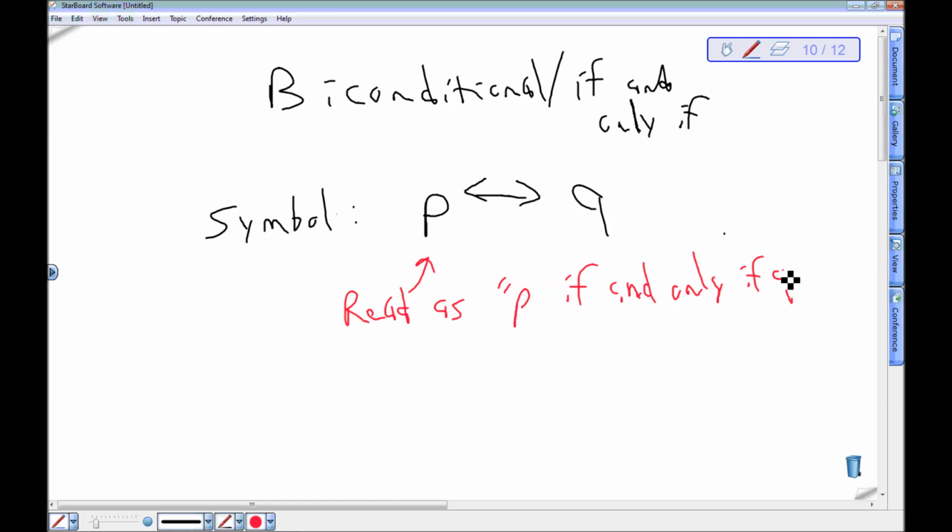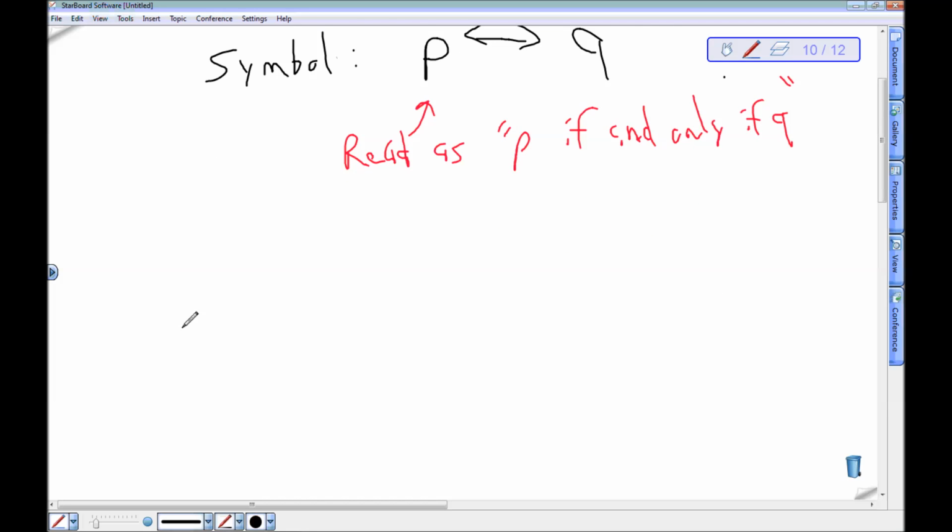Oops, if and only if Q. Okay. Words that mean the biconditional, we'll use, like I've said a few times, if and only if.